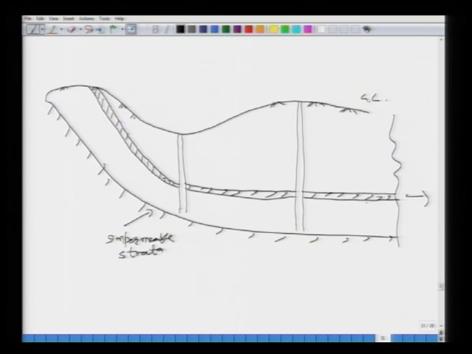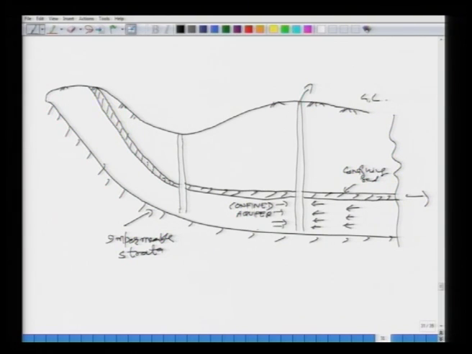And let me say that this is your confining bed. All right. So, what is this? This is your confined aquifer. So, if you are pumping water out from this, we have dug this well from the top, then what will happen? The water will travel towards it from farther distances.